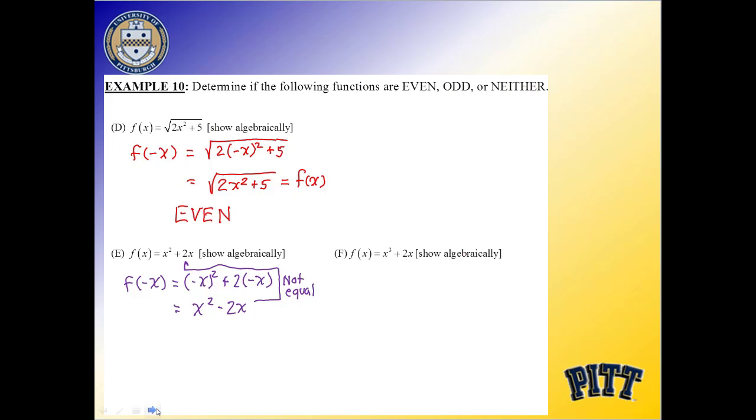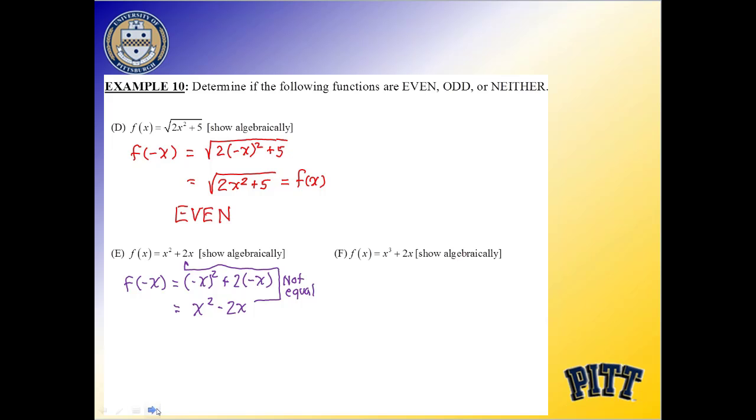I could pick like the number 1. Well, one's 1 plus 2, the other one's 1 minus 2. 1 plus 2 is 3, 1 minus 2 is negative 1. Those aren't the same thing. But you do have to make sure you're showing it with respect to x. You don't want to just pick a single point, and that's a mistake I've seen students do in the past. They'll say, well, if I do f of 2, I get 4. I do f of negative 2, I get 4. It's even.